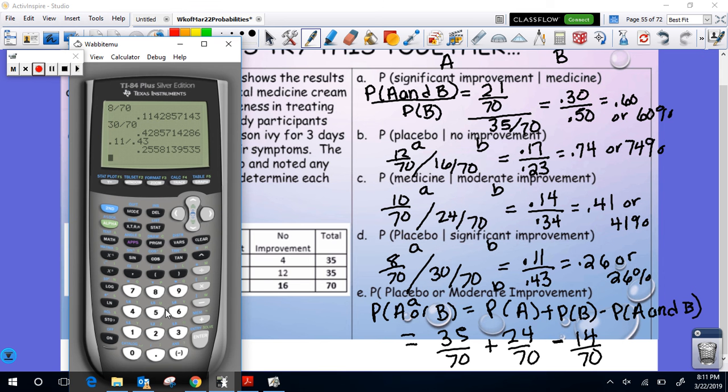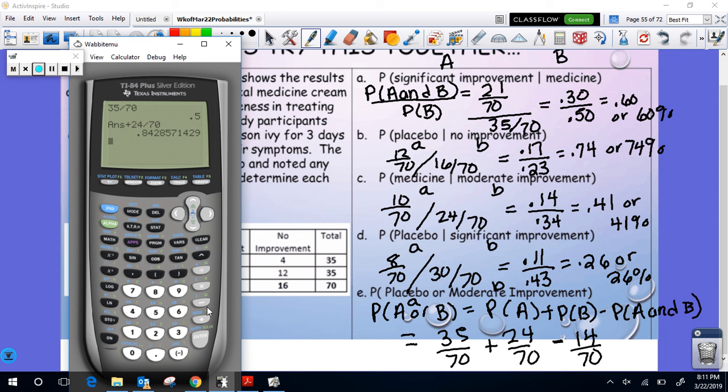So let's grab the calculator. 35 divided by 70, plus 24 divided by 70.